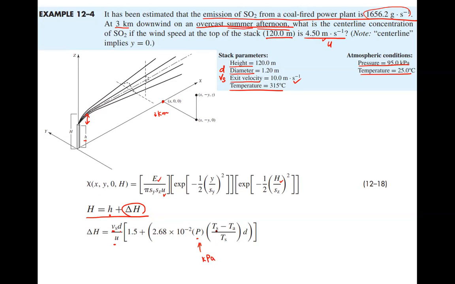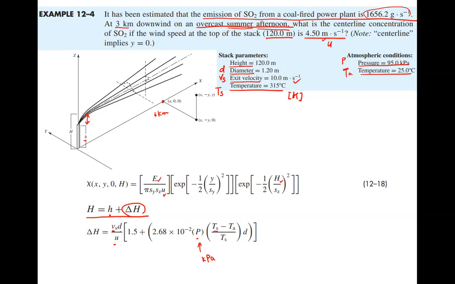Then TS is the temperature of the stack, and TA is the ambient temperature. One thing you have to pay attention to is that when we talk about temperature, we should be using Kelvin, so we plug in K here.